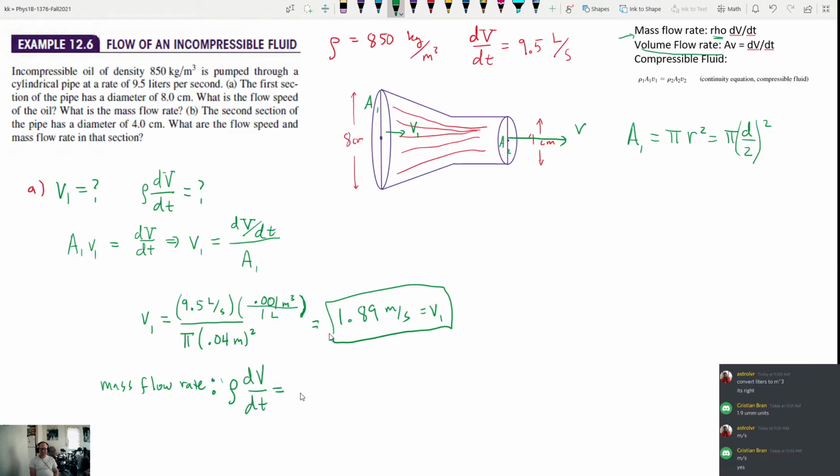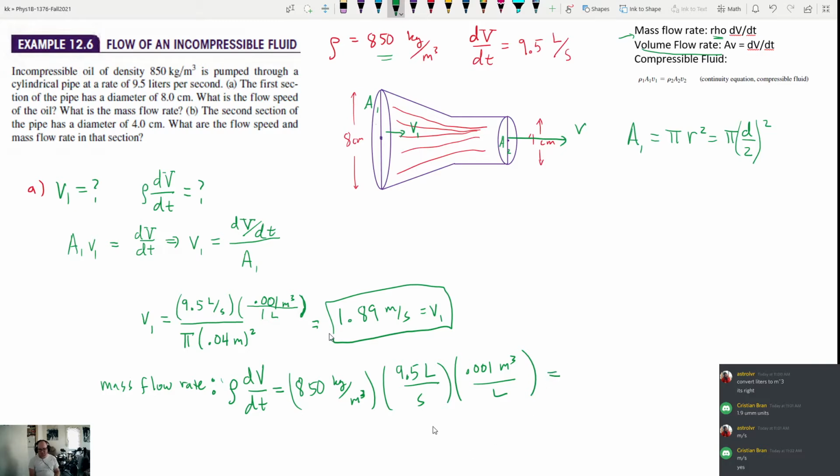This is going to be the density of the fluid, which was 850. And then we multiply by dV/dt, which was 9.5 liters per second. We do another conversion factor, 0.001 meters cubed per liter.